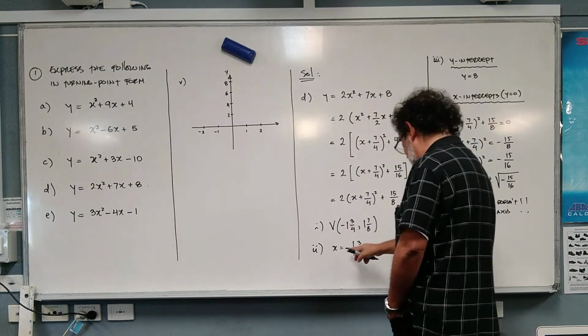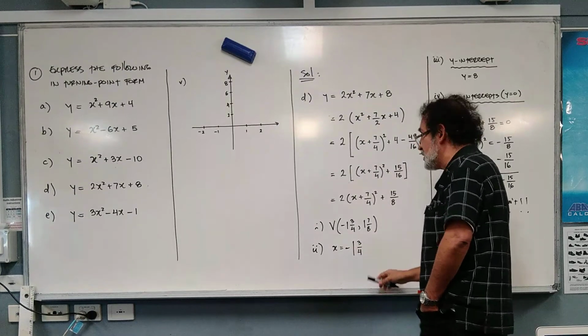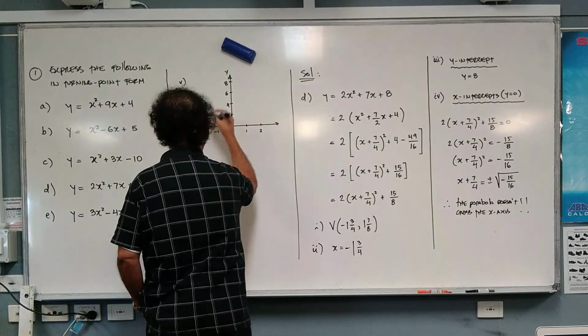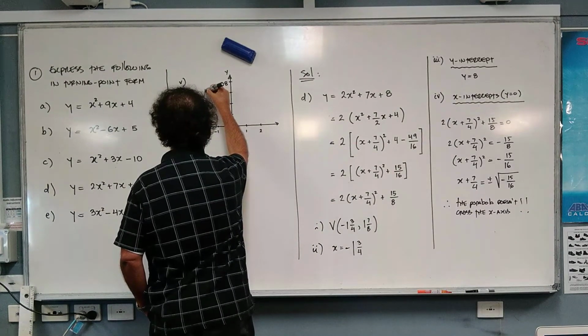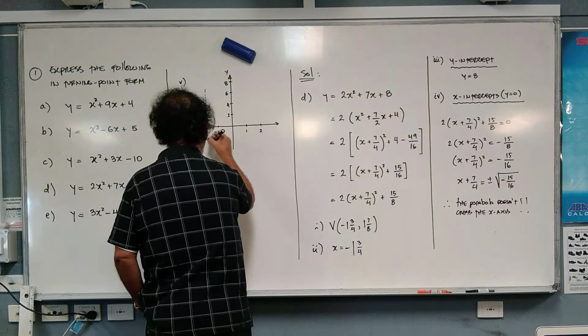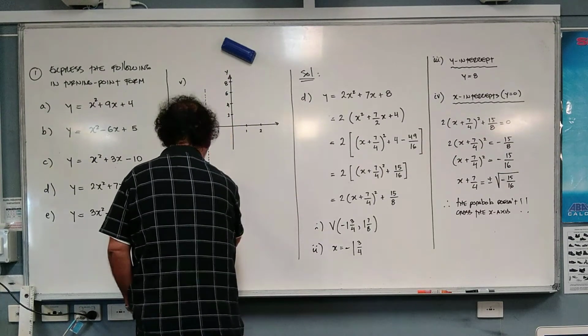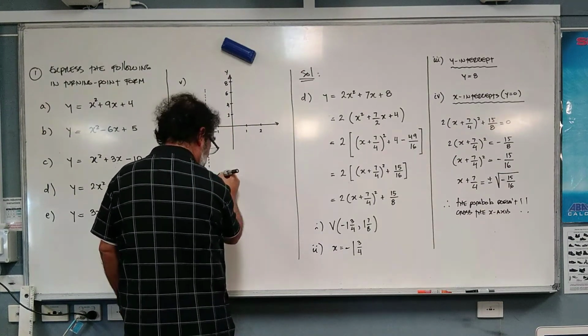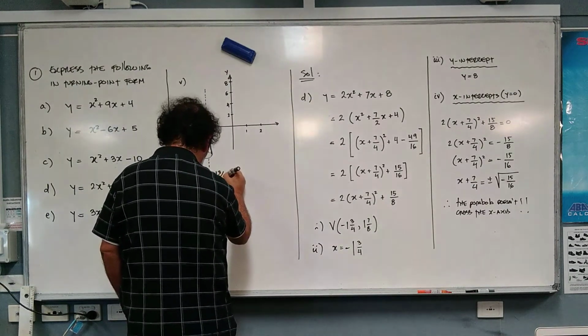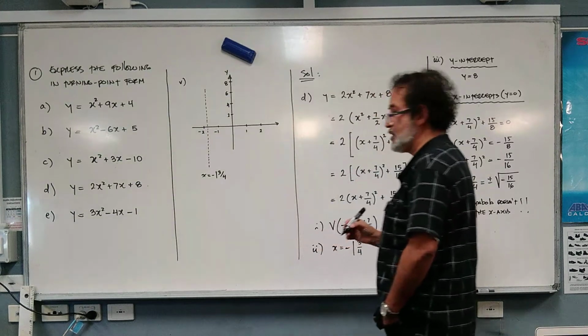So the axis of symmetry is at -1 3/4. So it's going to be probably somewhere here. This is x equals -1 3/4. So that is where the axis of symmetry is.